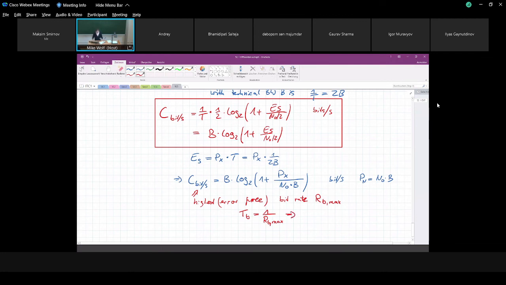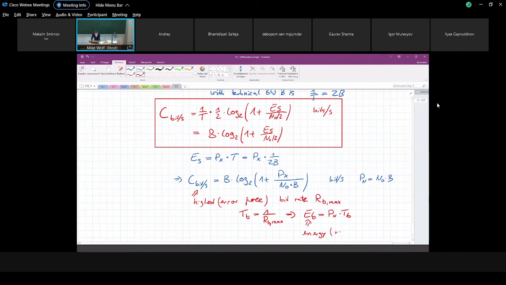And if we take a look at this bit interval, which is the reciprocal value of the highest bit rate, we could say the energy in one bit, message bit, is just the mean transmit power times this bit interval. Energy per message bit, yeah? But we don't say this message.